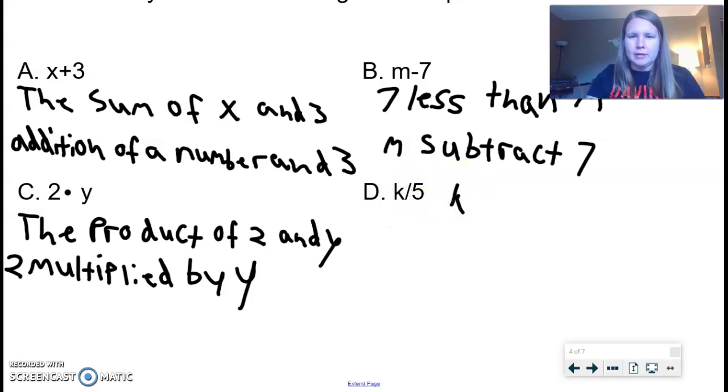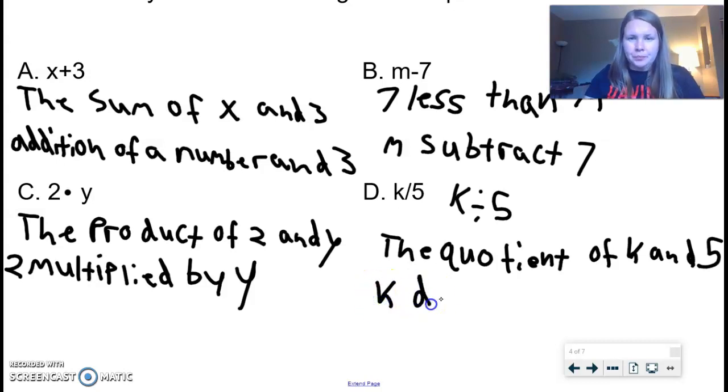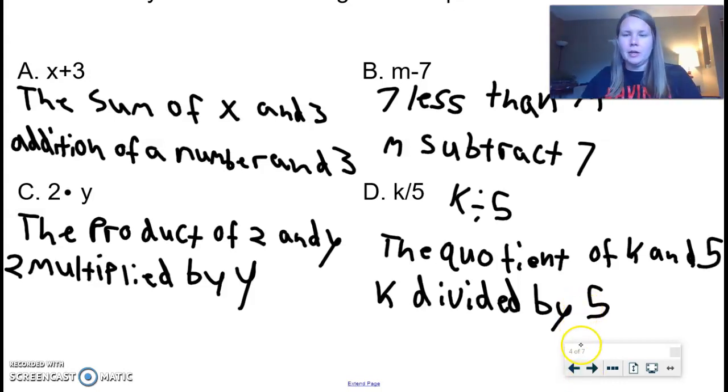Sometimes it's just a little harder to write this out on the computer, but k divided by 5. So the quotient of k and 5, or k divided by 5. Either of those would work. So being able to understand and also rewrite them is going to be important to our understanding of how these algebraic expressions work.